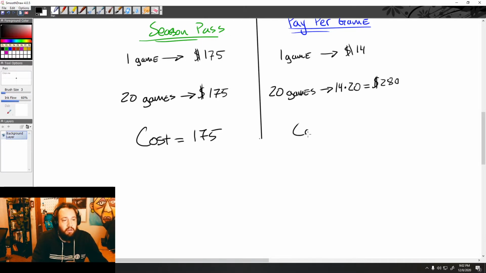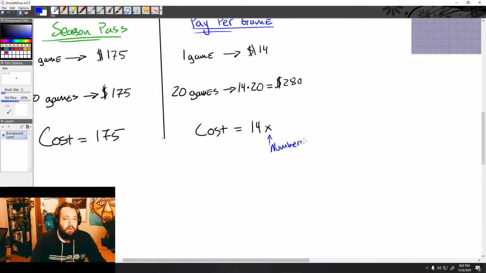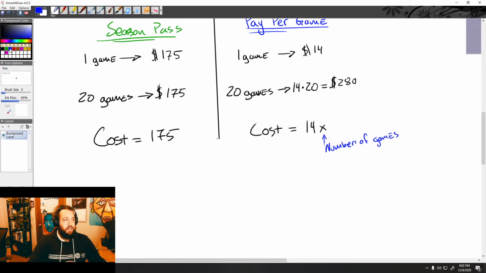Over here, my cost equals 14x, where x is the number of games. So basically, we are going to want to set these two equations equal. We are going to want to see when they are equal.